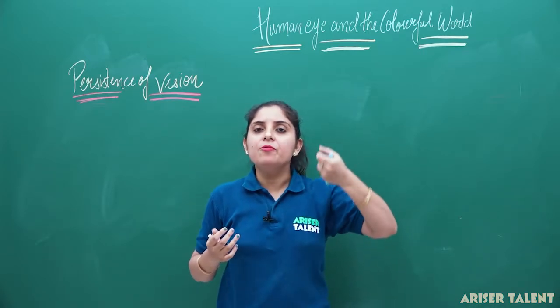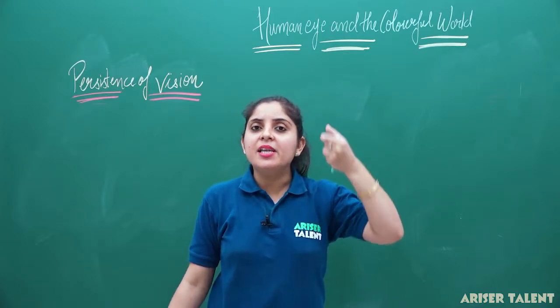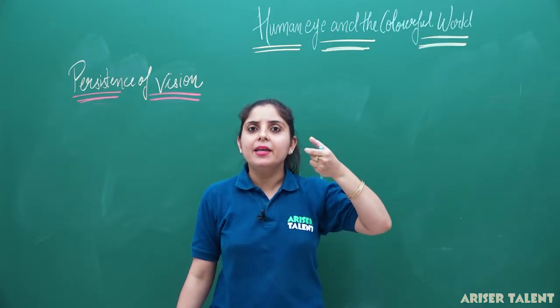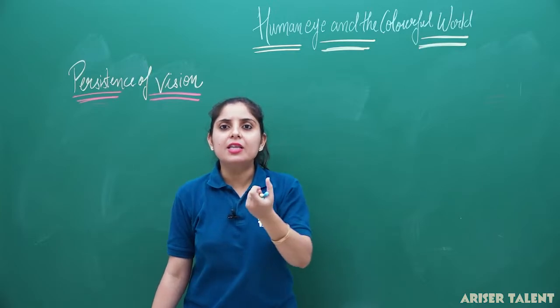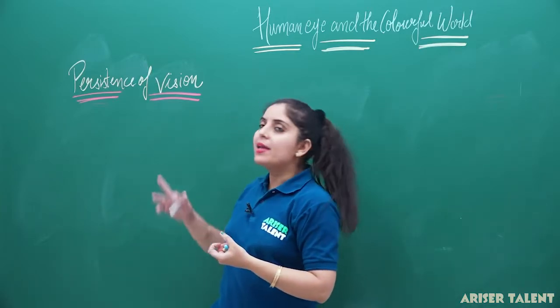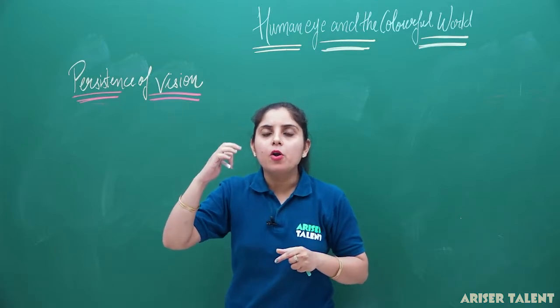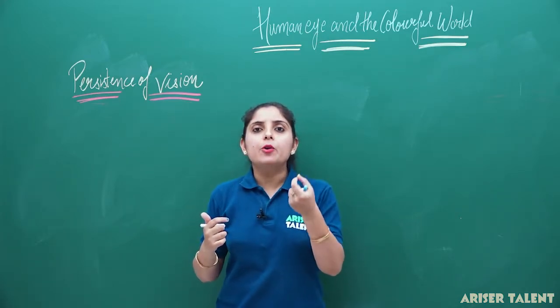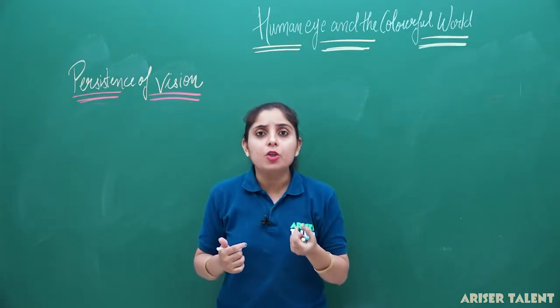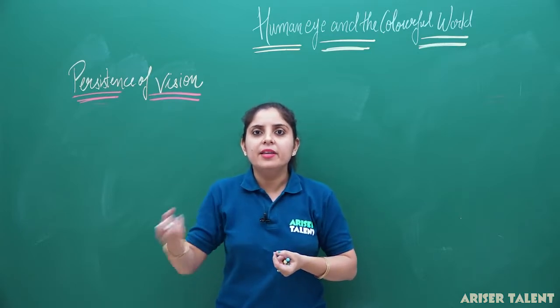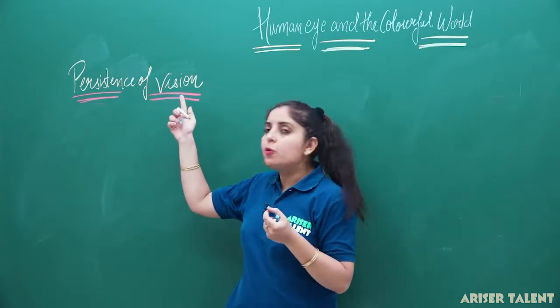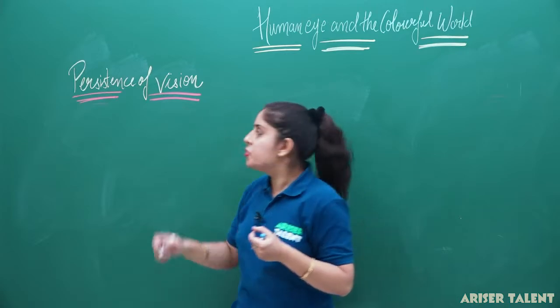The time for which the light will remain at our eye is only 1/16th of a second. That is known as the persistence of vision. It means whenever light falls on our eye lens, it will remain only 1/16th of a second, which is a very short time.